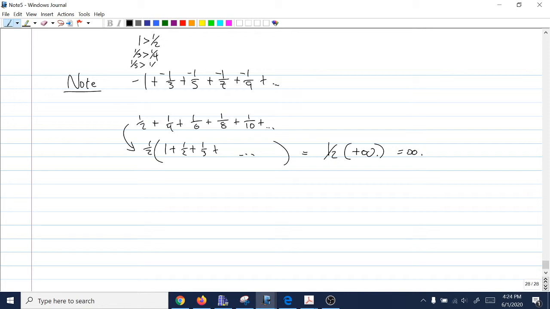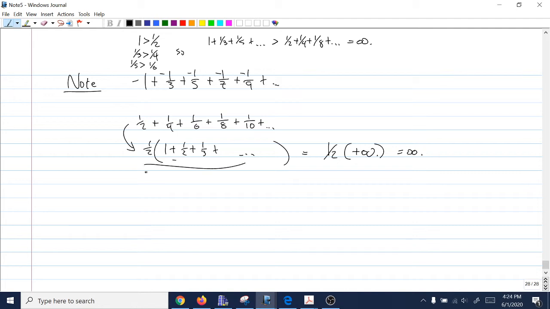A fifth is bigger than a sixth. So 1 plus a third plus a fifth plus ... is going to be bigger than a half plus a fourth plus an eighth plus ... and we know that that's infinite. I can use direct comparison with the even terms.